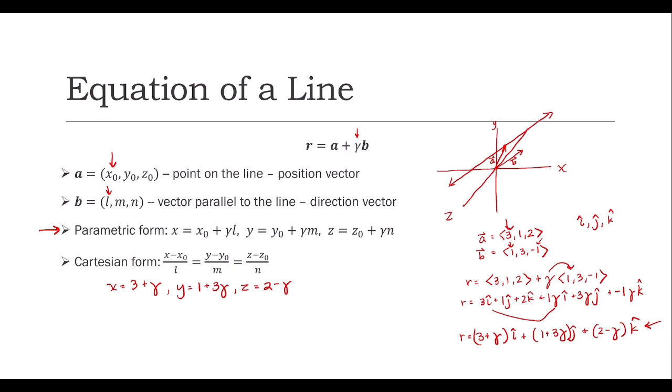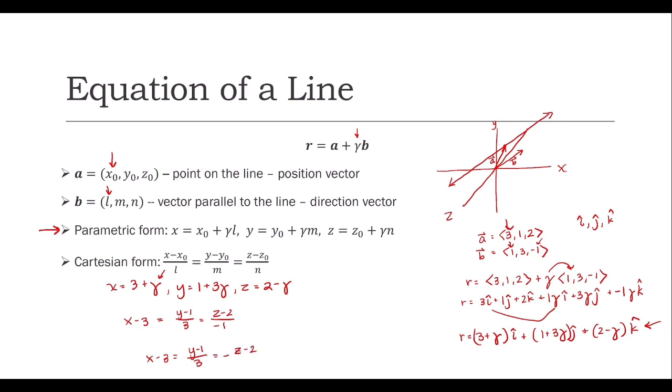We can rewrite that in Cartesian by solving all of them for gamma. So this one would be x minus 3 equals y minus 1 over 3 equals z minus 2 over -1. So x minus 3 equals y minus 1 over 3 equals negative z minus 2 over 1.